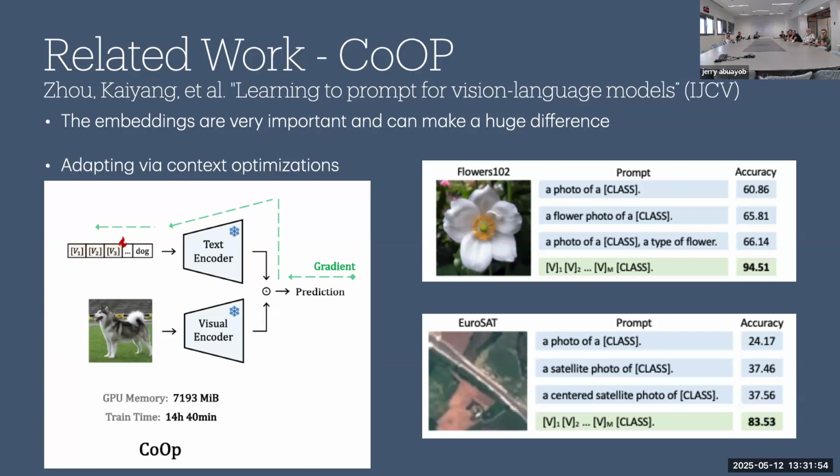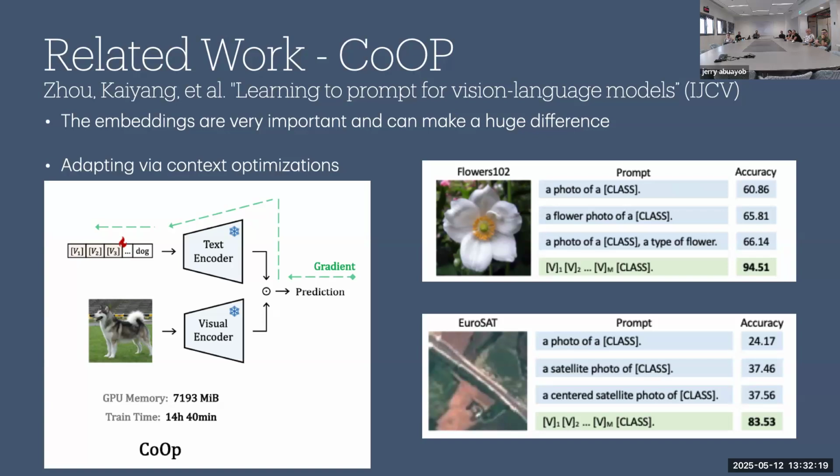That is computationally heavy, and it requires a lot of memory because we need to save all of the values. In total, to learn the prompt, it took 14 hours and 40 minutes, which is a lot. And the question here is, how can we improve upon that with minimal time?